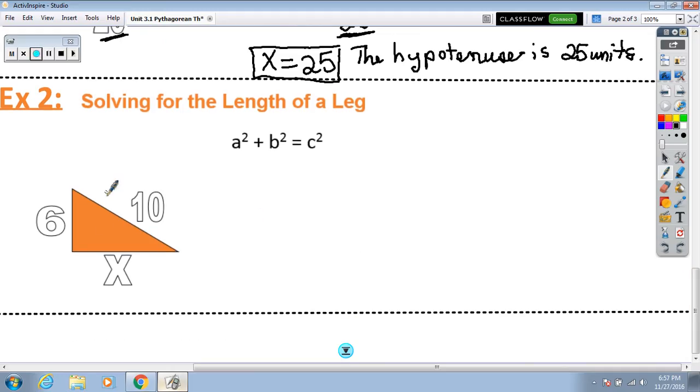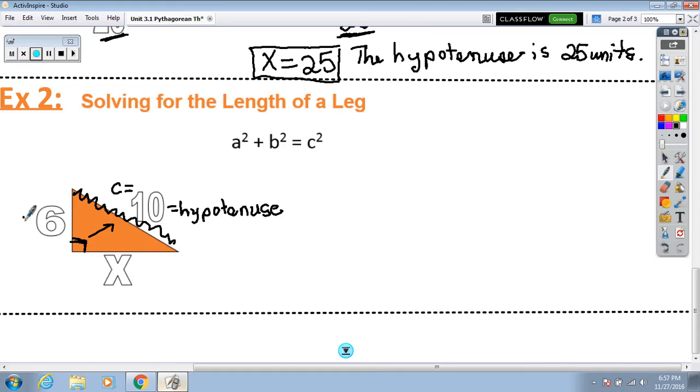Now, when we look at this triangle, I can obviously see this would be the right angle over here. So 10 is the hypotenuse. So this time, I'm not solving for c. I have a number for c. 10 has to go for the variable c because it's the diagonal side, and the diagonal side is always c.